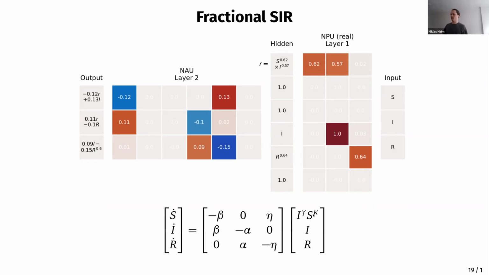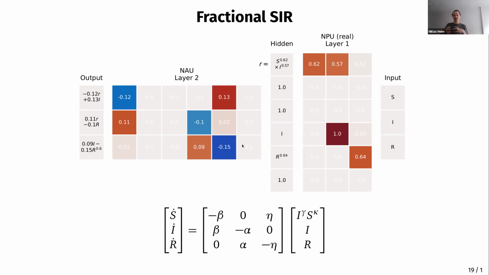And this is exactly what you can see here. Then it picks out just one variable and another variable. And in the addition unit, you can see that it basically implements this matrix multiplication over here. So we have minus beta here, beta here, minus alpha and alpha over here.